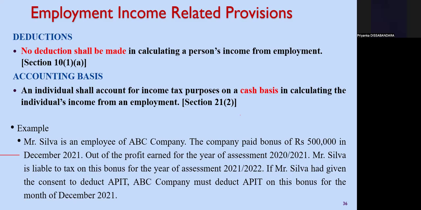So these are the rules applicable for the employment income related provisions, other important provisions. One of the main provisions is deductions. Deductions are not applicable for the calculation of employment income. That means all income we receive in respect of the employment should be included.